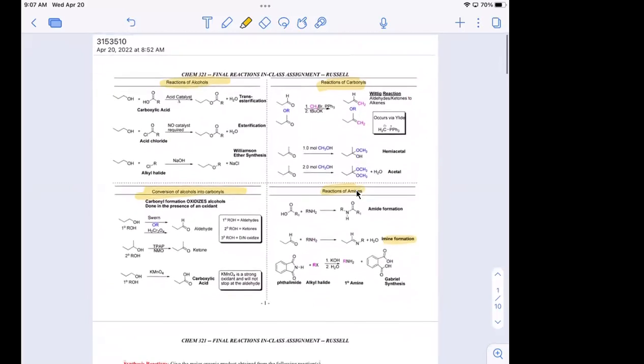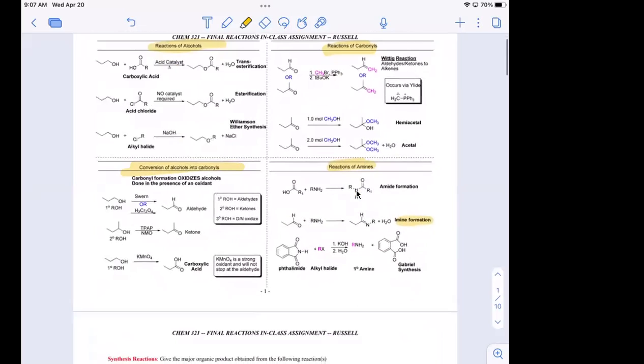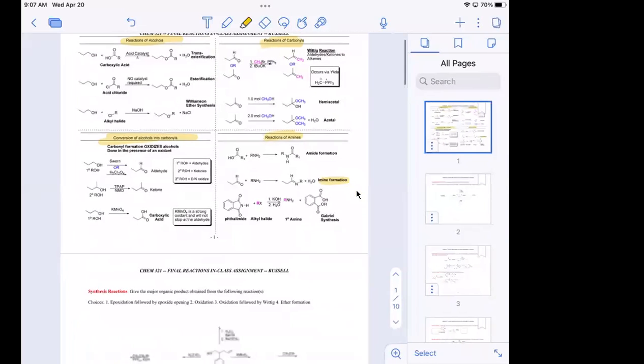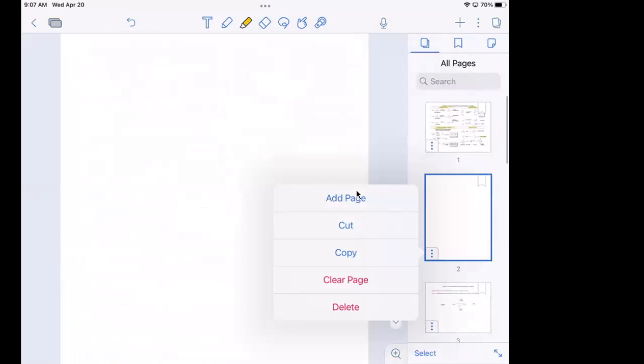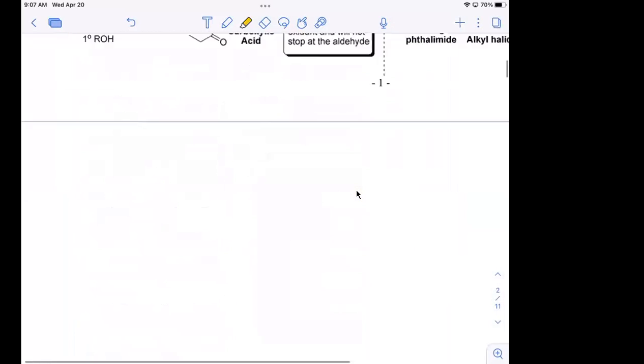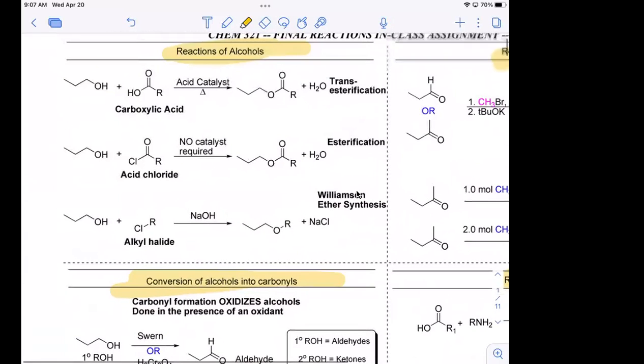All right. So let's jump in and look at this first set of reactions. Let me add a page. And I know this is really crunch time for everybody. So let me grab this set of reactions right here. I'm just going to copy them and paste them.